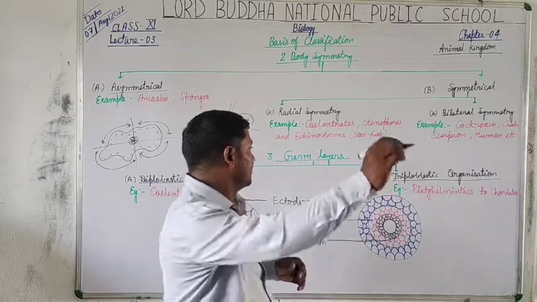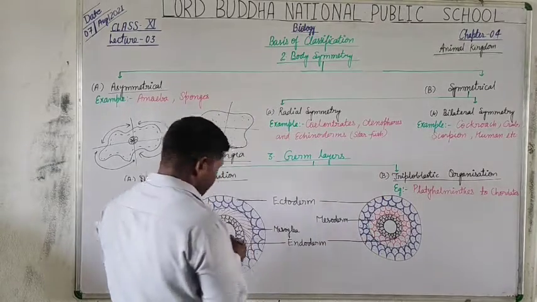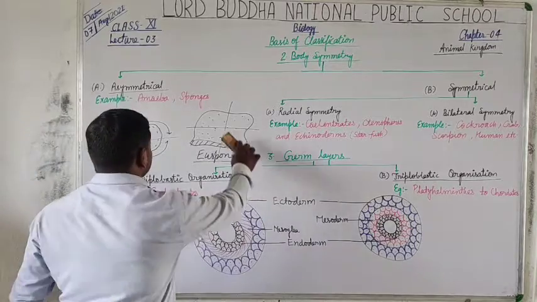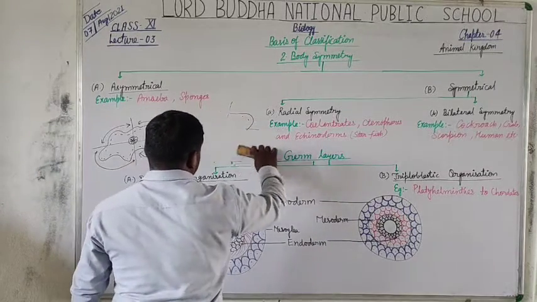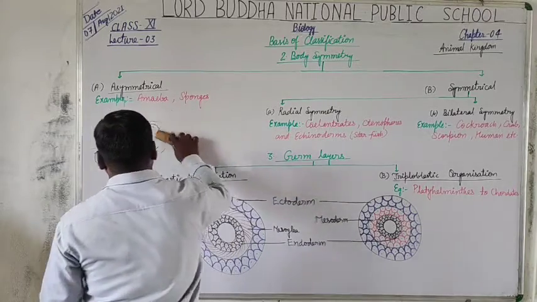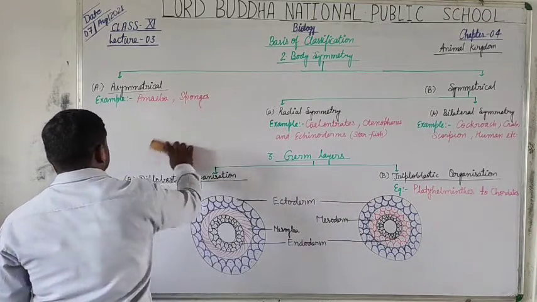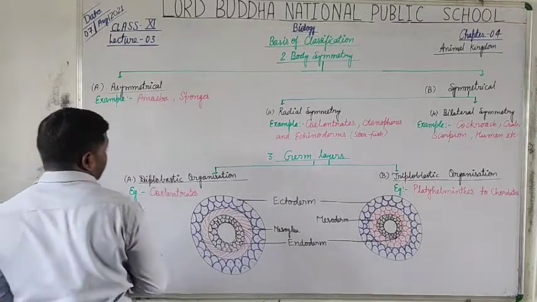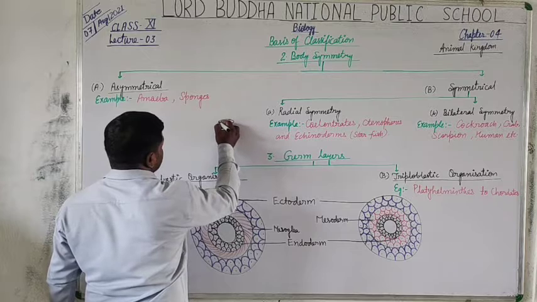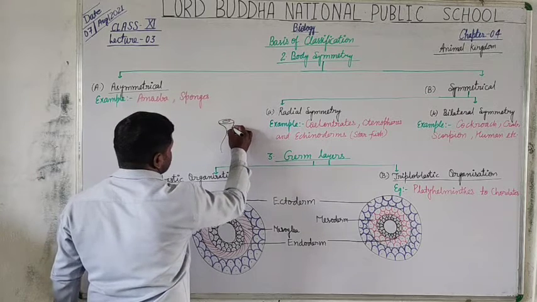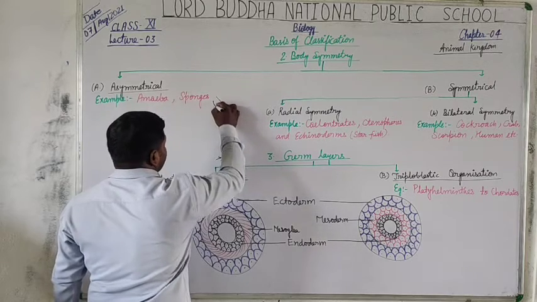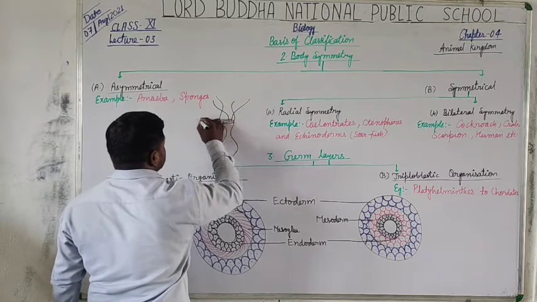As an example, here I take a diagram of Hydra, the most representative member of Coelenterata. This is the structure of Hydra, and these are the tentacles present in it.